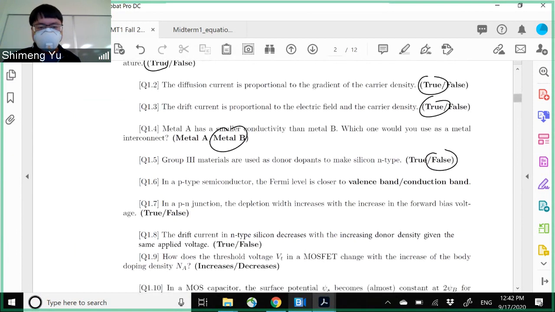And number 6, in a p-type semiconductor, the Fermi level is closer to the valence band or conduction band? Which one? P-type. Fermi level is closer to which?